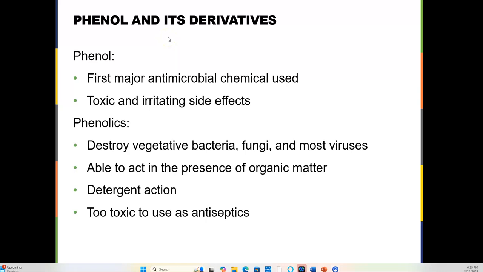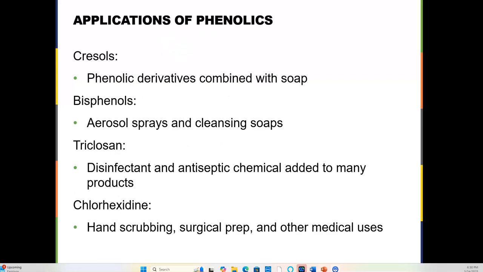Phenols and their derivatives. This is the first major antimicrobial chemical used. It has toxic and irritating side effects. Phenolics destroy vegetative bacteria, fungi, and most viruses, are able to act in the presence of organic matter, and have a detergent action. It is too toxic to be used on skin as an antiseptic.